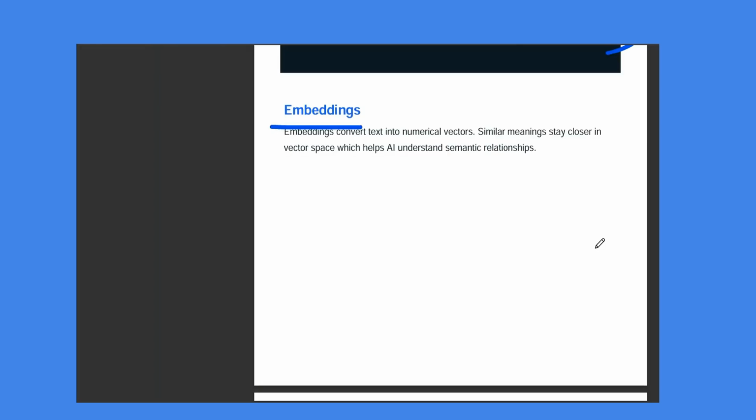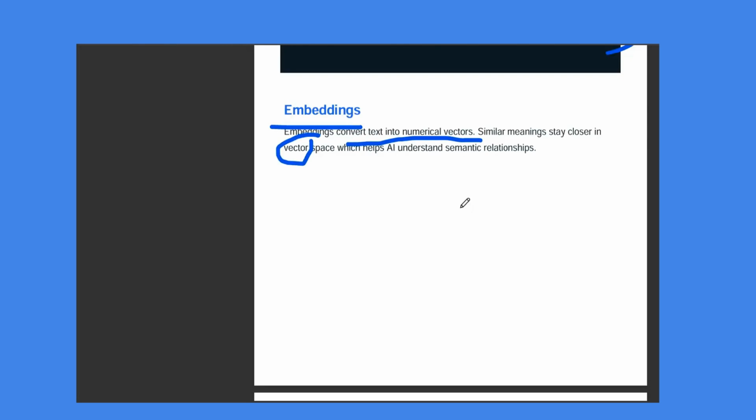Embeddings are basically numerical representations of text, because computers understand numbers better than words, right? So every chunk is converted into a vector.